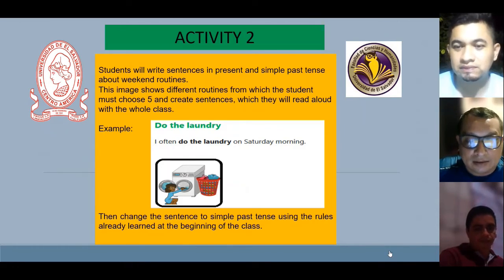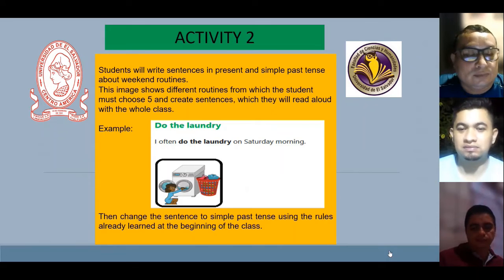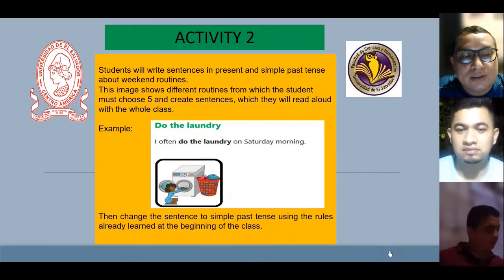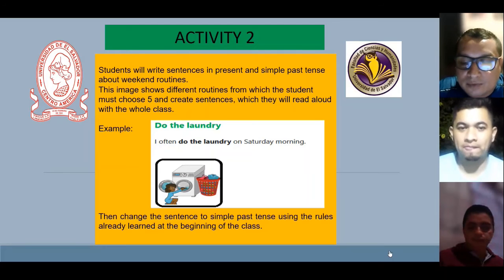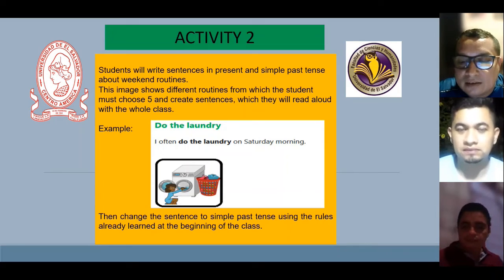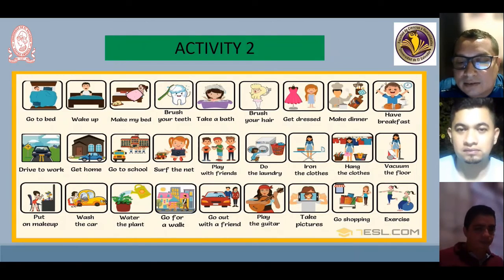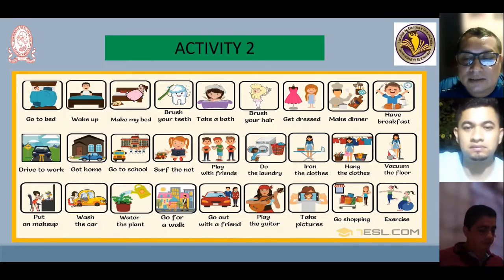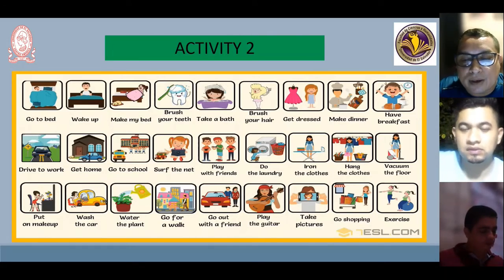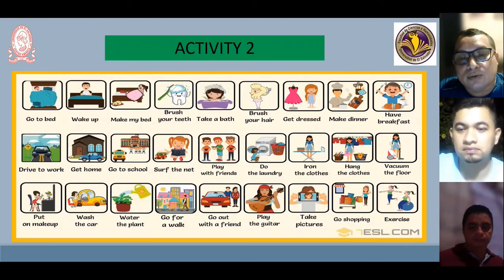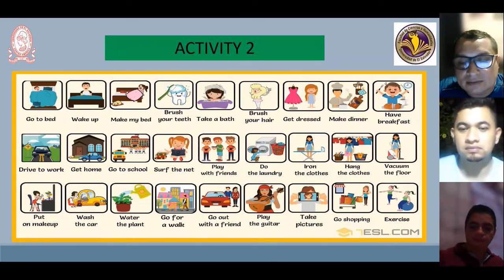Okay, very well. This is the way you will work with 5 sentences. You will create or produce 5 sentences. In the next slide, you will choose 5 images and create 5 sentences. You have 3 minutes to do this. Okay. Remember the rules about simple past tense.